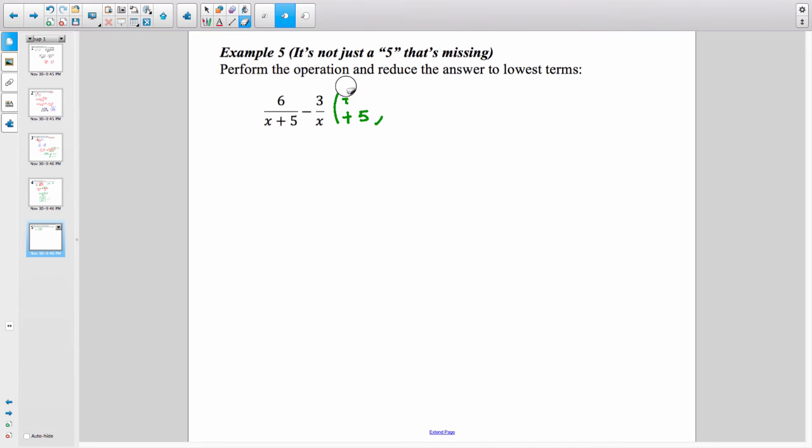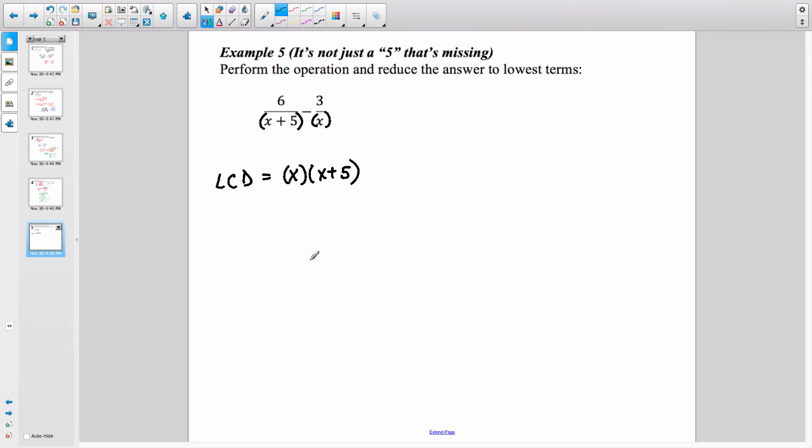It's not just a 5. The lowest common denominator in this example is actually these two terms pushed together. When in doubt, multiply it out. So the LCD is just x times x plus 5.